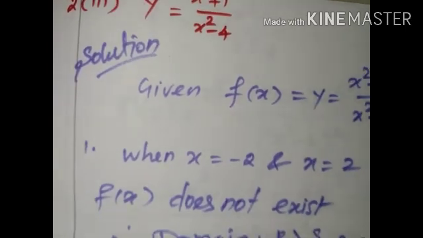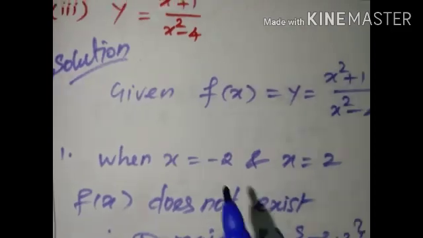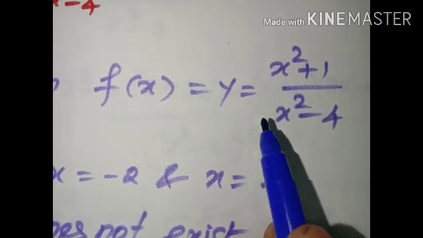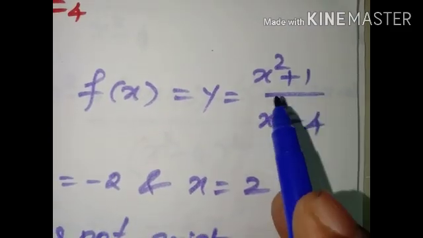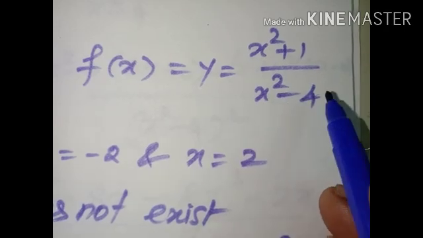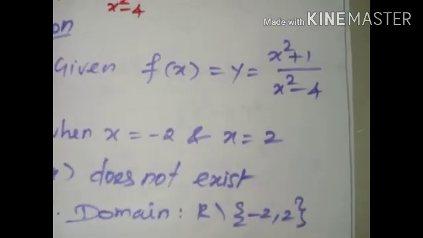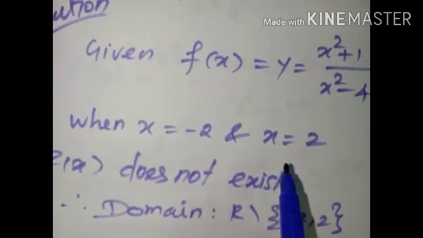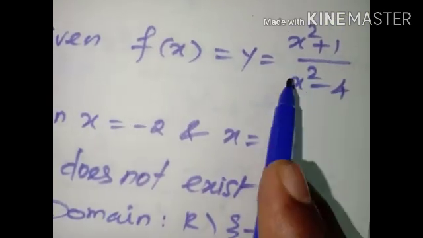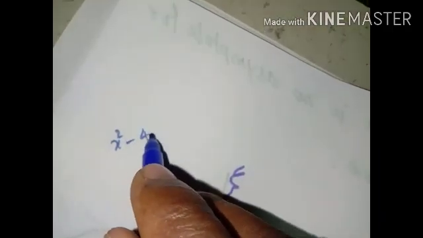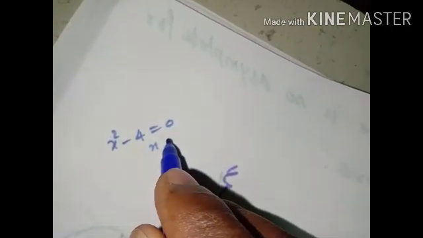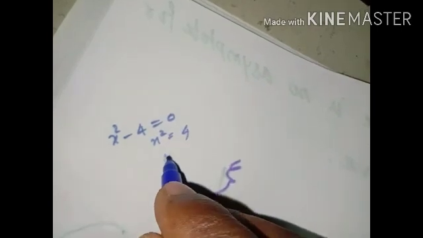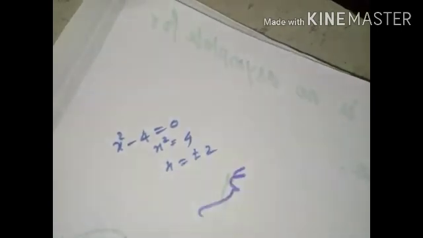The first one is the domain. Given f of x equal to y is equal to x square plus 1 divided by x square minus 4, the denominator x square minus 4 equals 0 when x square equals 4, so x equals plus or minus 2.